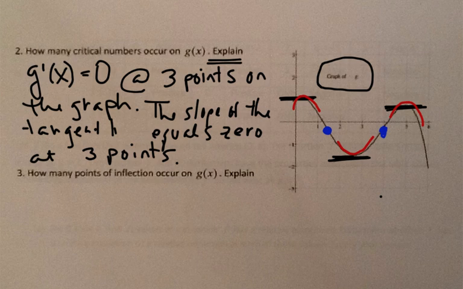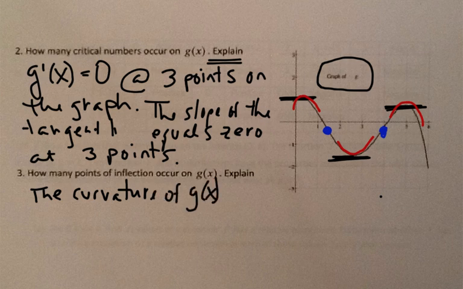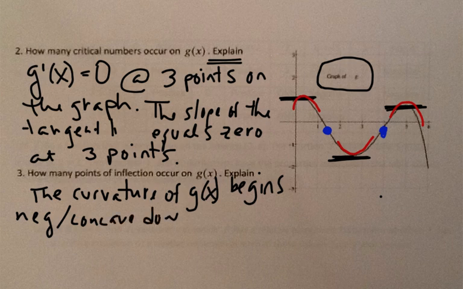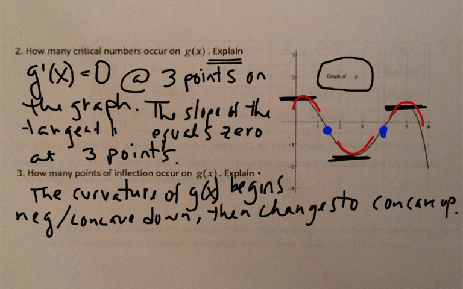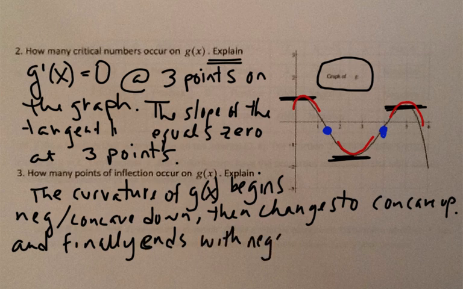And I do need to explain this. I'm going to say the curvature of g of x begins negative, or I could say concave down, then changes to concave up, and finally ends with negative curvature.